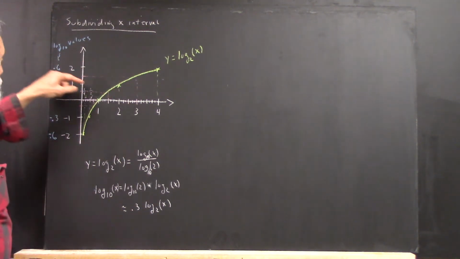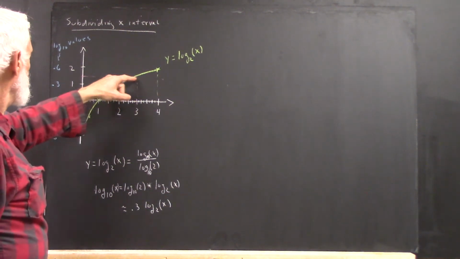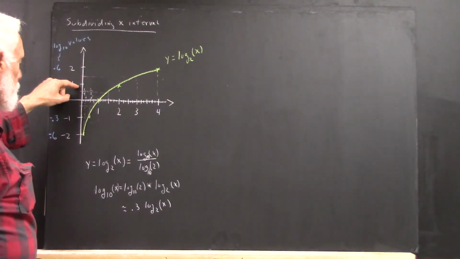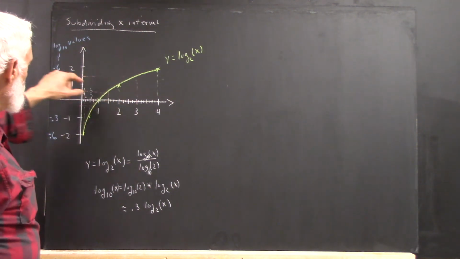And if I read the scale here, this tells me that the log base 10 of 3 looks to be somewhere between 1 and 2, probably a little closer to 1. I'm sorry, that's a log base 2 of 3.